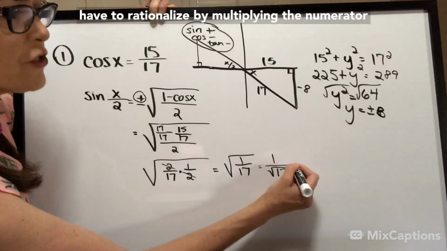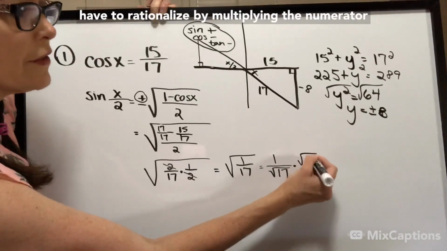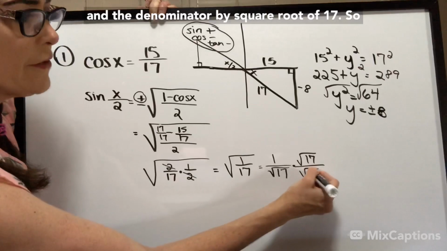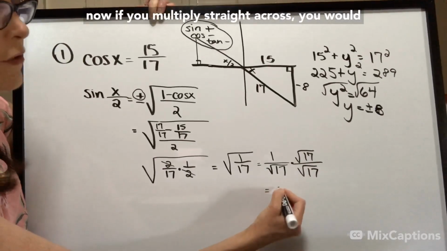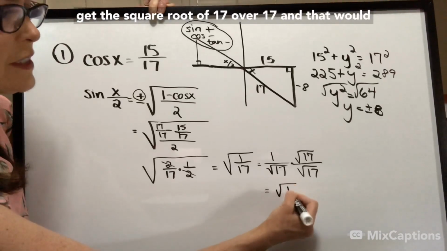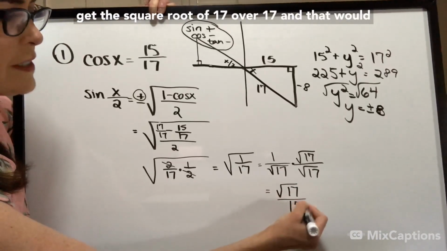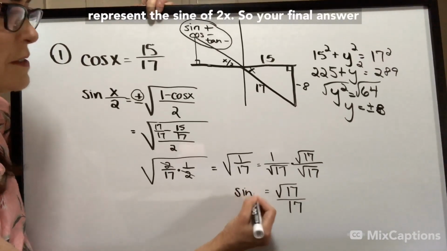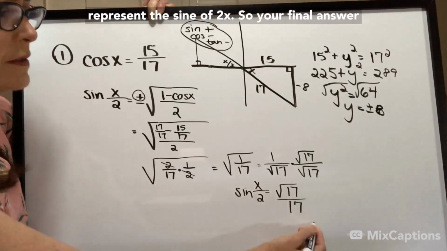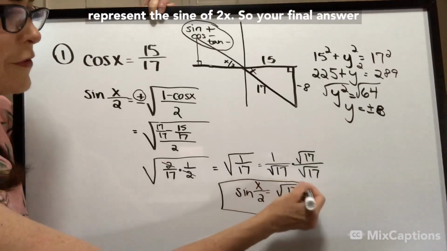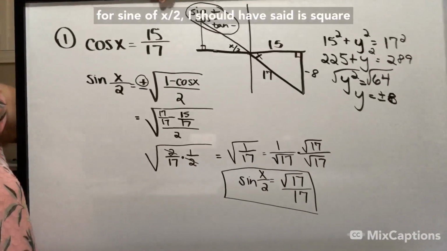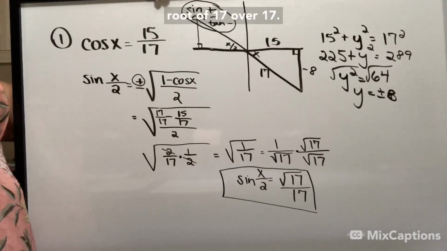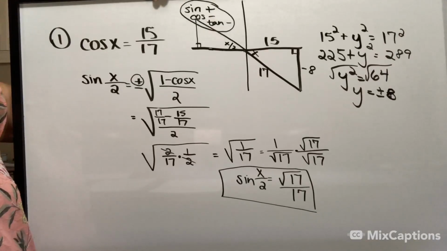So you would have to rationalize by multiplying the numerator and the denominator by square root of 17. So now if you multiply straight across, you would get the square root of 17 over 17. And that would represent the sine of x over 2. So your final answer for sine of x over 2 is square root of 17 over 17.